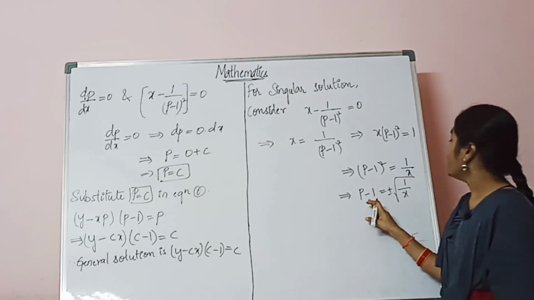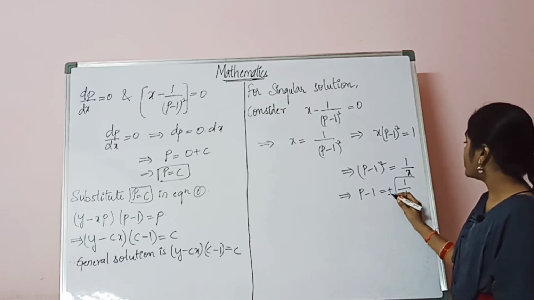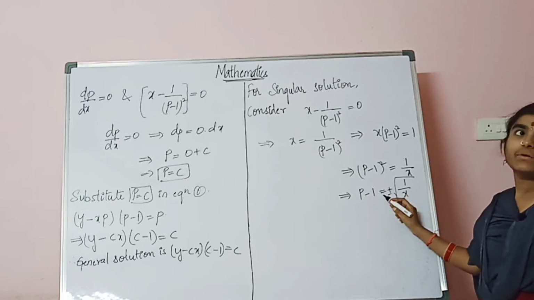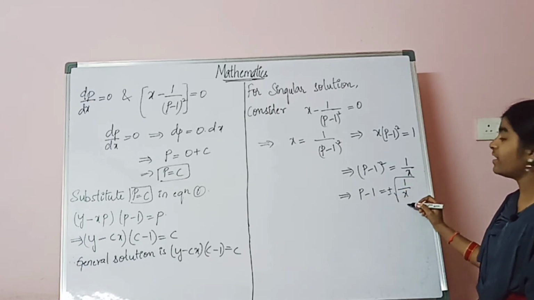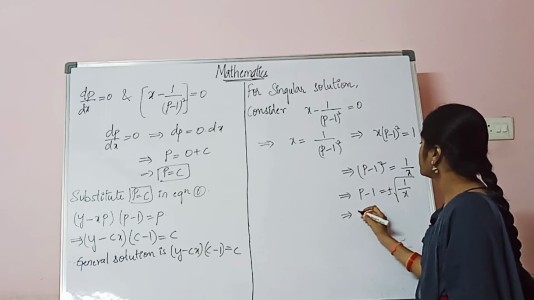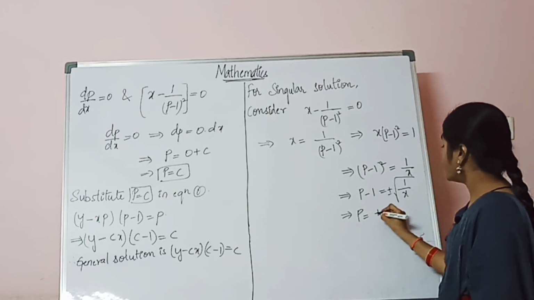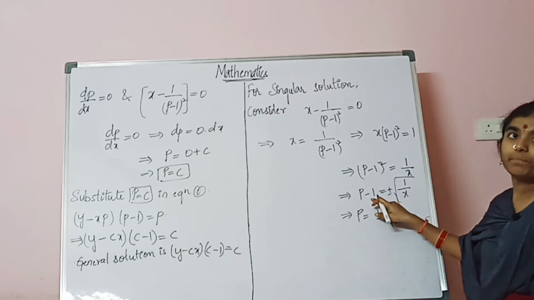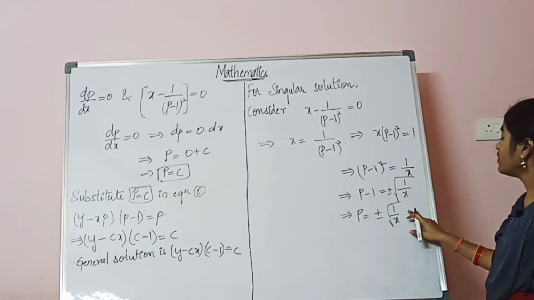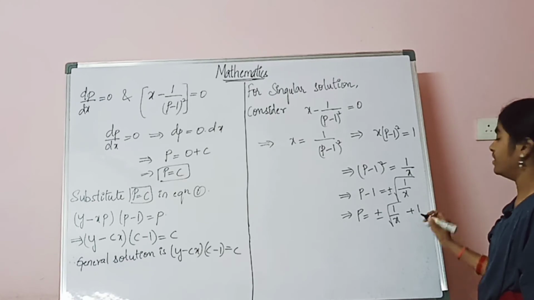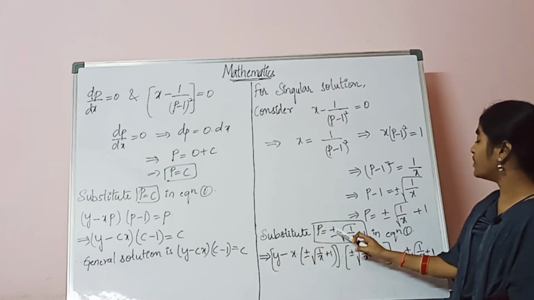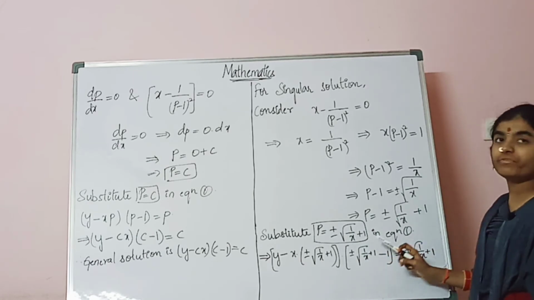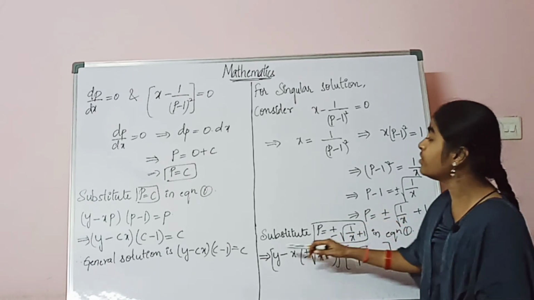So that implies p minus 1 equals plus or minus, this square becomes root here. So p minus 1 equals plus or minus root of 1 by x. That implies p equals plus or minus root of 1 by x. Now this minus 1 comes here and becomes plus 1. Now substitute p equals plus or minus root of 1 by x plus 1 in equation 1.